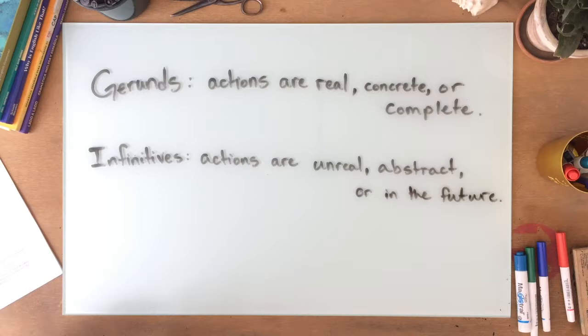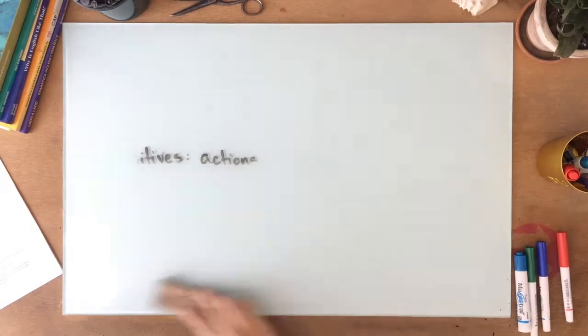So many students find that this kind of guiding principle can help them when they need to guess whether the infinitive or the gerund is used, but it's not a rule that works 100% of the time.